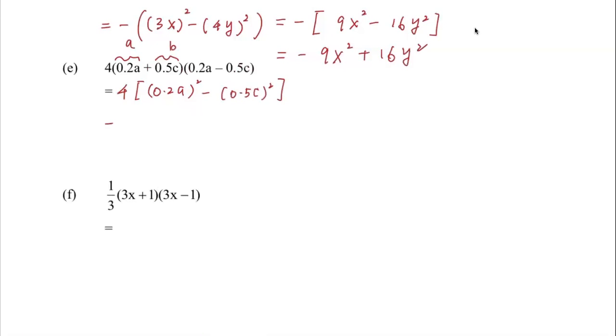And the answer should be 4 times 0.28 squared, that's 0.04a squared, minus 0.25c squared. And then we factor in the coefficient 4, which is equal to 0.16a squared minus 4 times 0.25, that's 1, so it's just c squared.